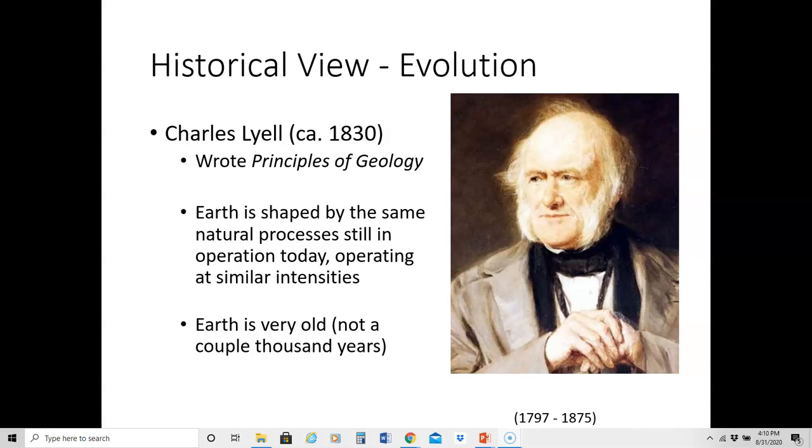So this was another one of these ideas that was extremely controversial during the time because the earth was thought of as completely unchanging. He also put forth that the earth is very, very old, billions of years old, not a couple of thousands of years old, like the idea that was most accepted at the time.